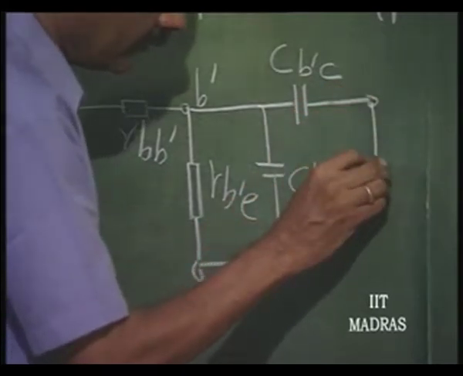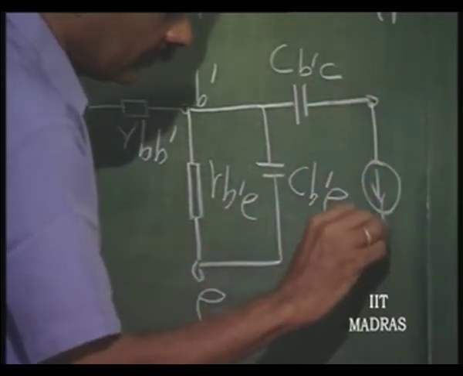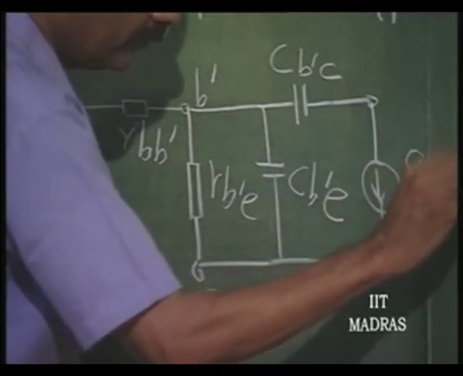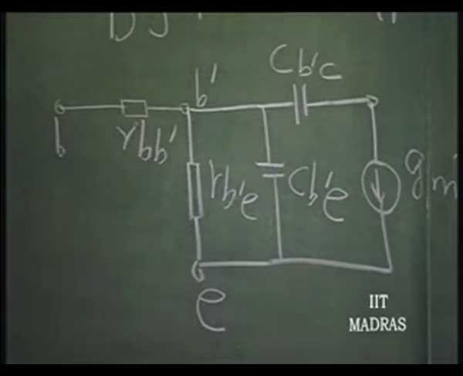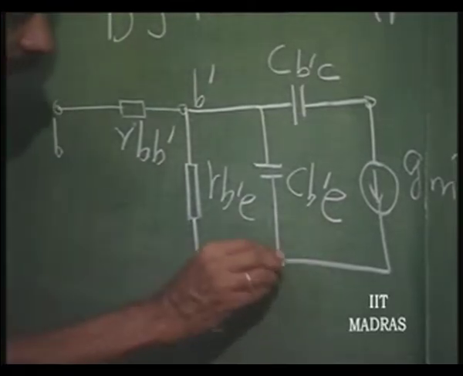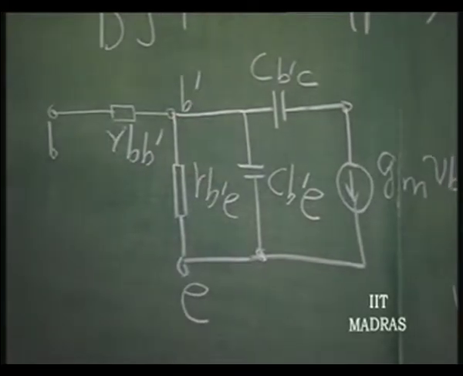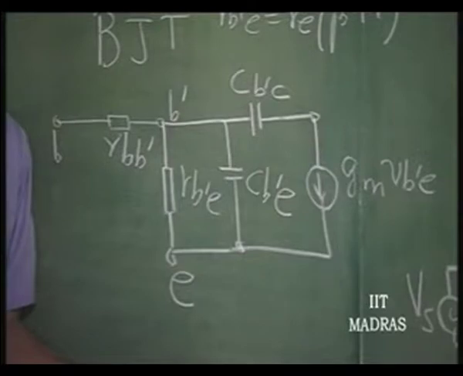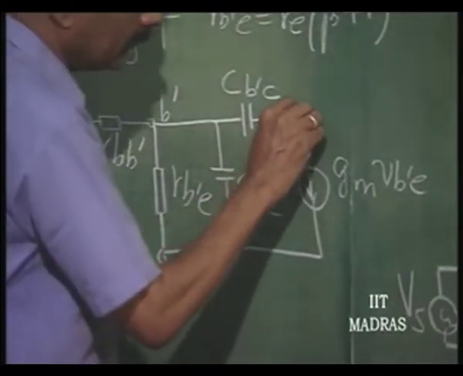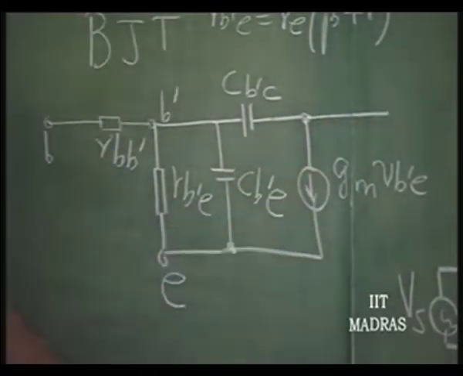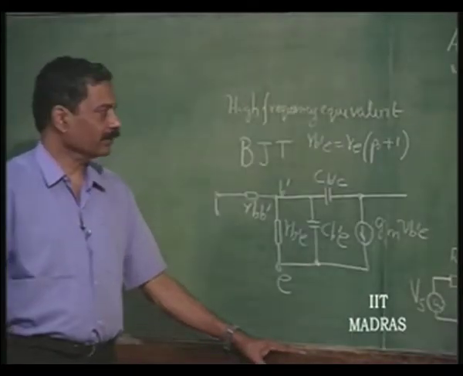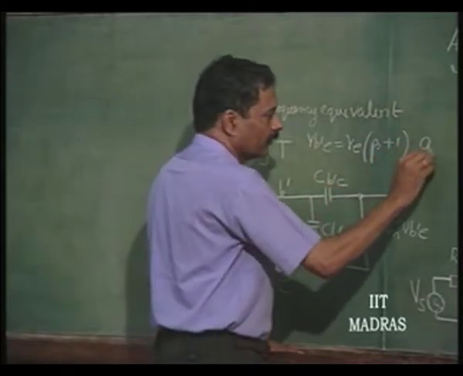Then we have our usual low frequency structure, which is Gm into Vb dash E. This we have been earlier calling just Gm into Vbe. This is the current source which we have earlier used, Gm into Vb dash E. Actually Gm is alpha divided by Re according to us, at low frequency.